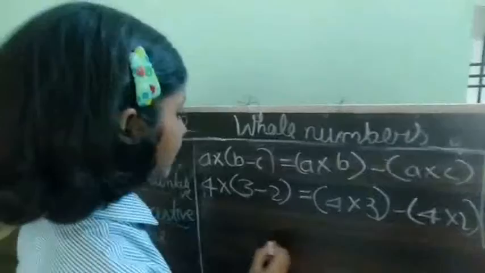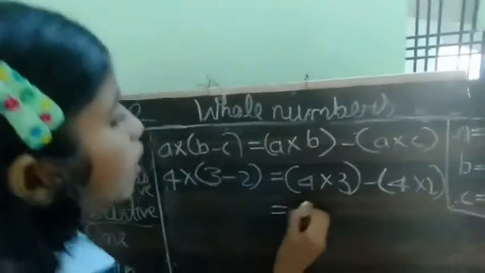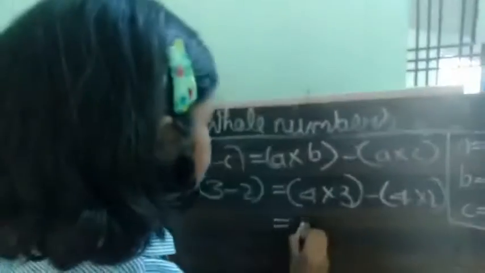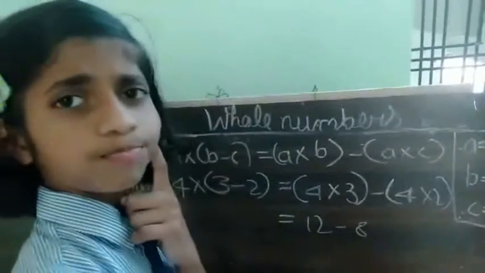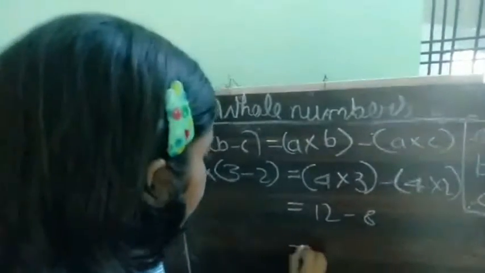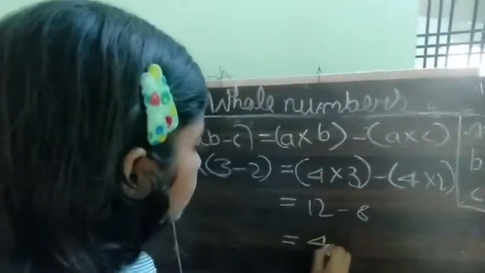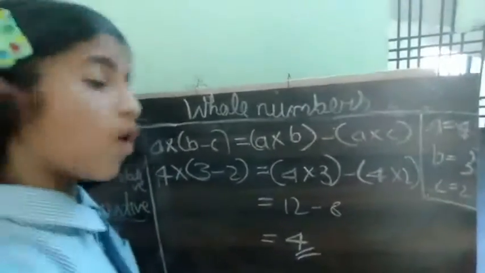Now we will solve it. 4 threes are 12. 12 minus 8 equals 4. So our answer is 4.